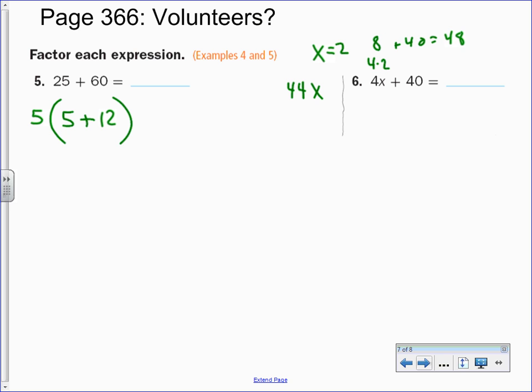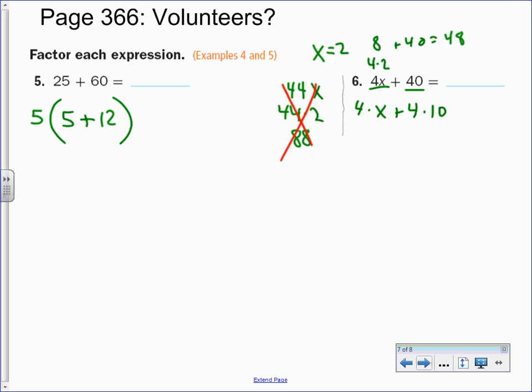It doesn't work, right? These are two separate terms because they're separated by addition. 44x means 44 times 2. 44 times 2 is 88. That's not right. We know it's 48. But we can use the distributive property to say, well, this is 4 times x, and this is 4 times 10.